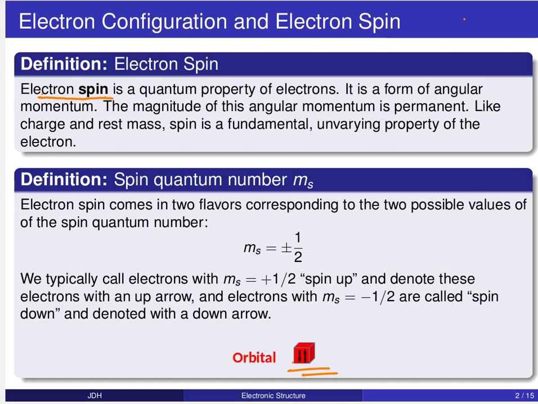And we're not going to go into too many details as to what this actually is. I basically want you to accept spin as a fundamentally quantum mechanical property of electrons. Okay, it's a form of angular momentum, which is why we call it spin. But it is a very unique quantum mechanical property, and we're going to have to leave it at that.